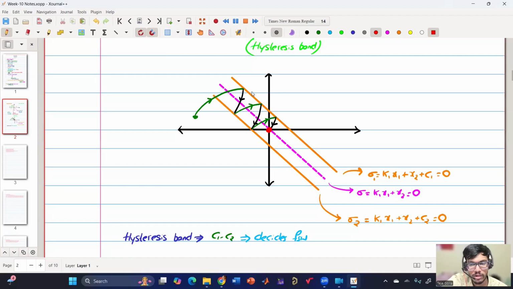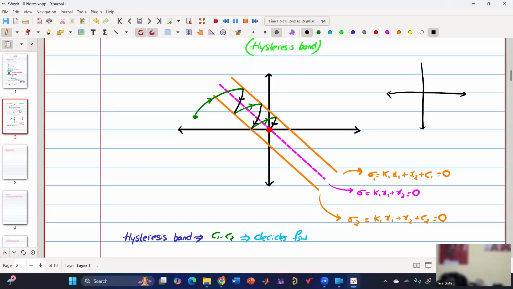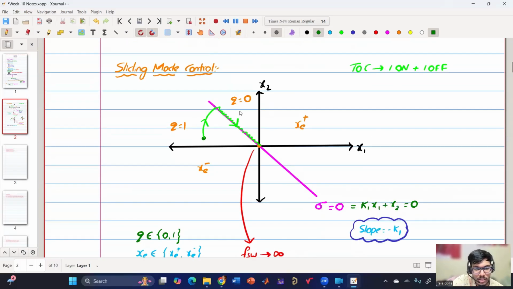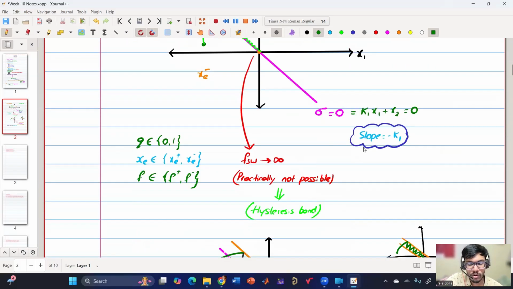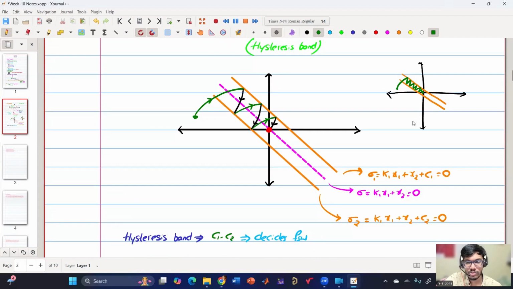But if I make it small, it will look something like this. Now it will enter and then go like this. So basically it's the same thing as the previous case, but here the band is very small. Here we are keeping a finite value so that it can be practically implemented. Both are the same, just a practical implementation.